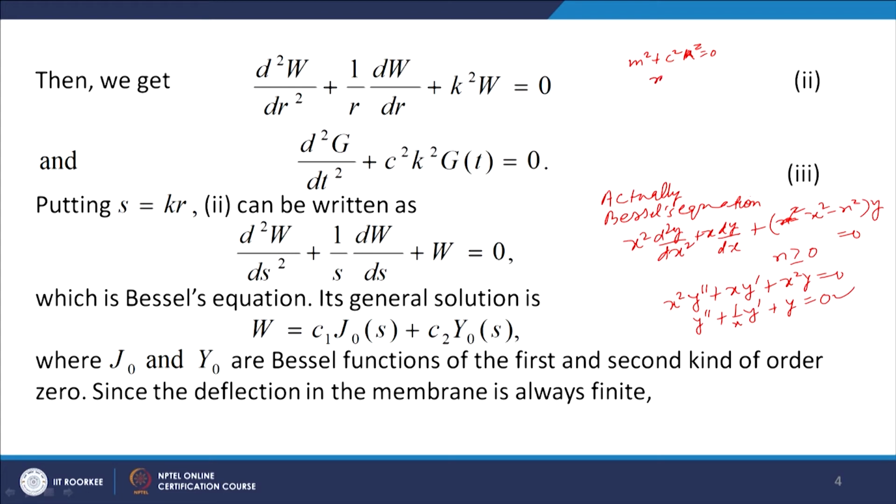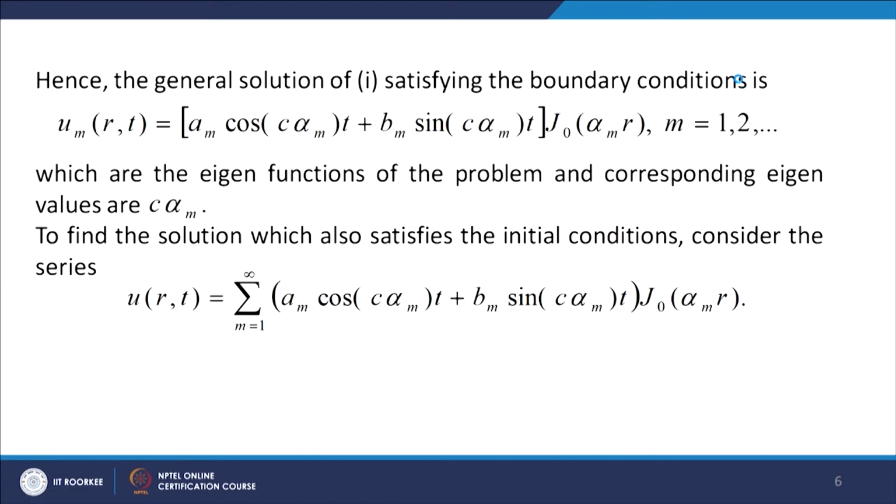So m equal to plus minus i into ck, and so its general solution is of the type some constant, say a, times cos ckt plus b times sin ckt, and we write that in this form.